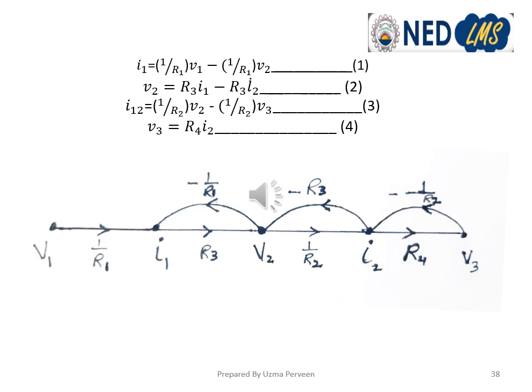So V1 is input, I1 is output, and 1 upon R1 is the transfer function or branch gain. The second is V2 as input, I1 as output, with a branch gain of minus 1 upon R1. So this is how we have constructed 2 branches for the first equation, and similarly we have constructed the remaining branches. We have already discussed this in detail in the first example. So this is how we construct the signal flow graph for these equations.